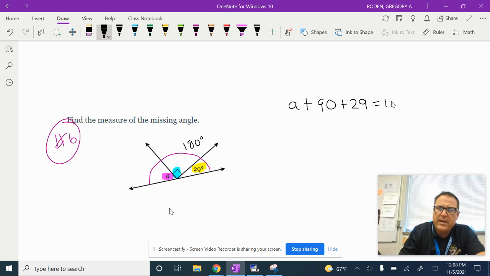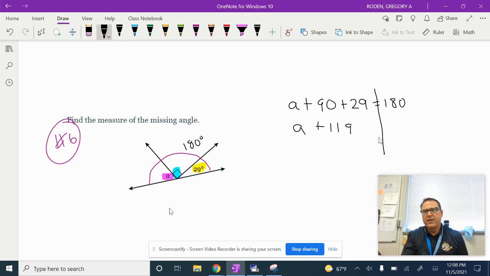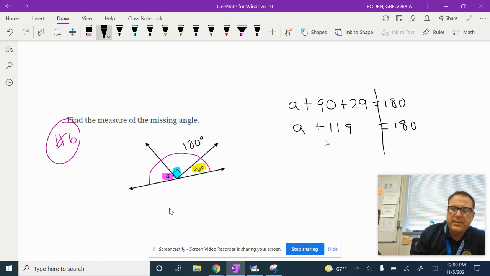That's 180 degrees. All right, gather some chickens and ducks here. It looks like I got 1 chicken and I can add some ducks. 90 plus 29, what is that? 90 plus 29 is 119, if I did my math right. All right, and that still equals 180. And then I'm just going to simply subtract 119 from both sides.